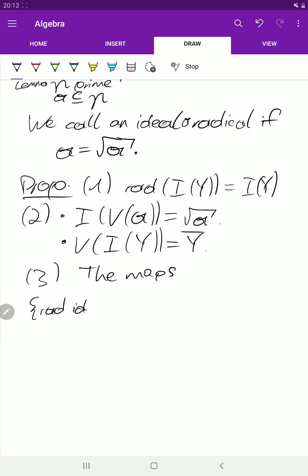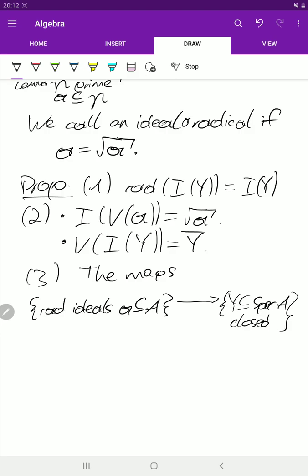And then the third statement is, now we have maps, namely from radical ideals A in A, we get a map to Y subset of spec A closed.